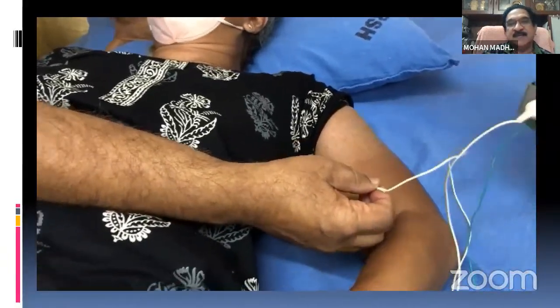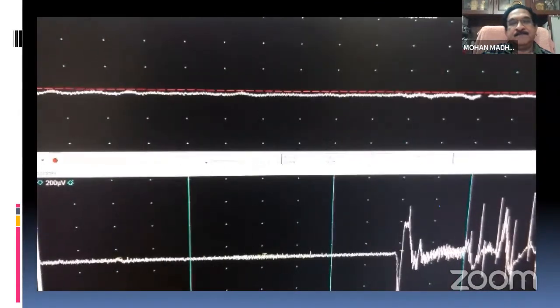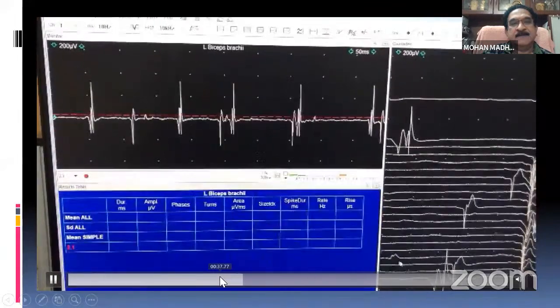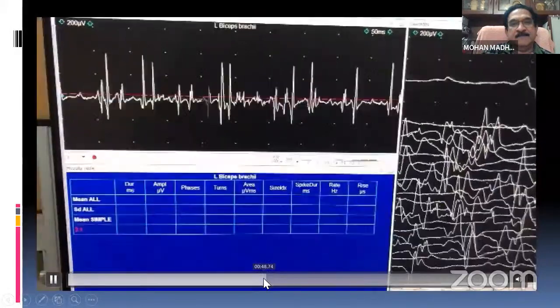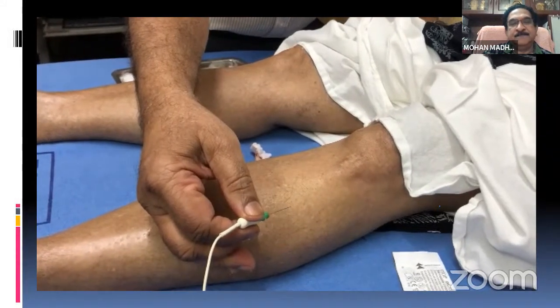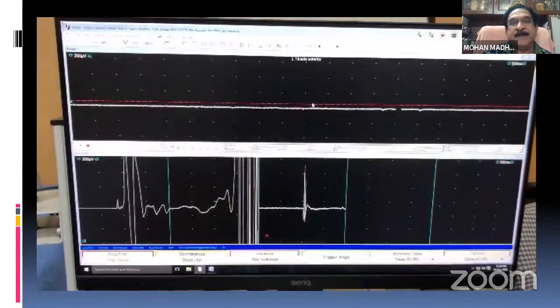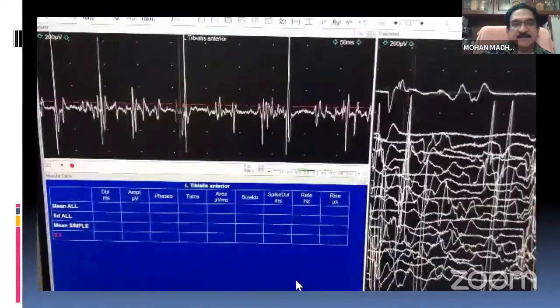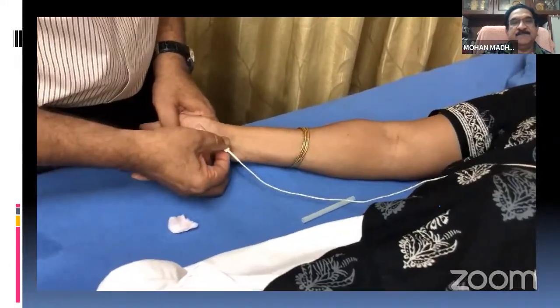In the biceps, nothing except for one fasciculation, I think that's normal. It was good interference. The two biceps, and very conservative patient. Increased interference. Right APB.